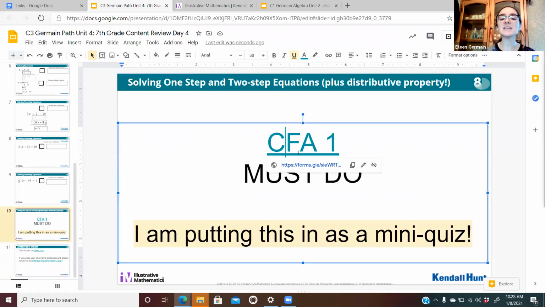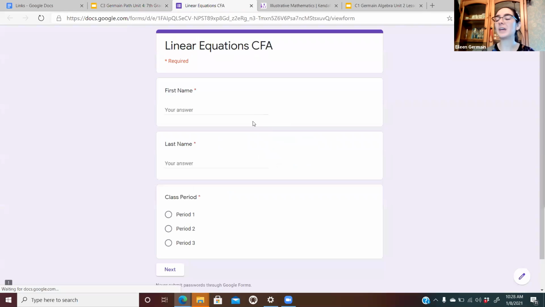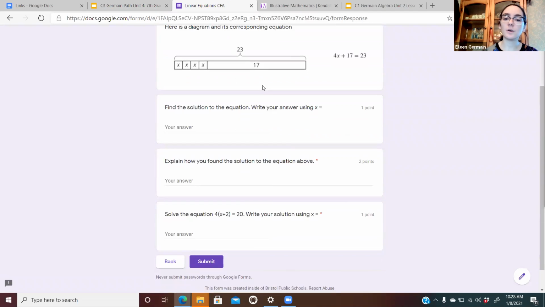When you're working on the CFA, you might need a piece of paper to do your work out on. So we have this equation right here. You need to solve it for X. Then you need to solve this equation for X as well.